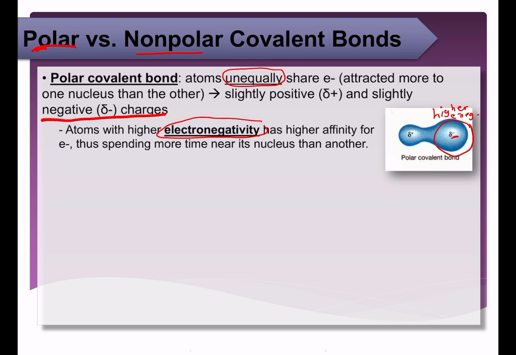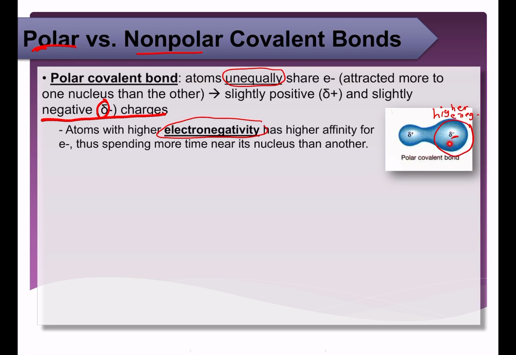This delta symbol that you're seeing here is what signifies the slight charge, okay? Not a complete charge like ionic bonds. We're not creating ions here, not a positive charge ion, cation, or anion. We're just having that slight charge due to the unequal distribution of electrons between the two atoms.